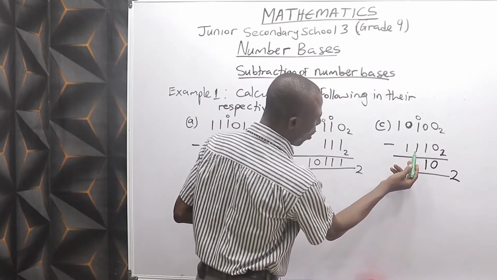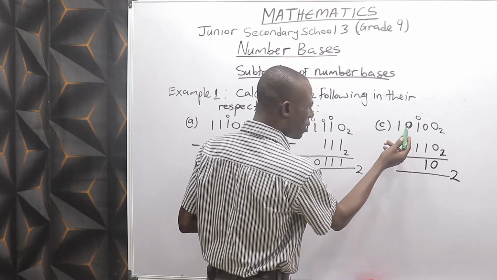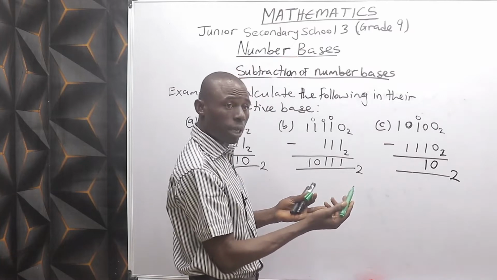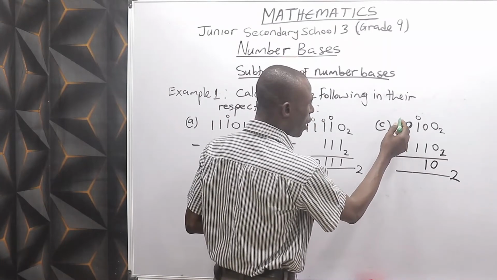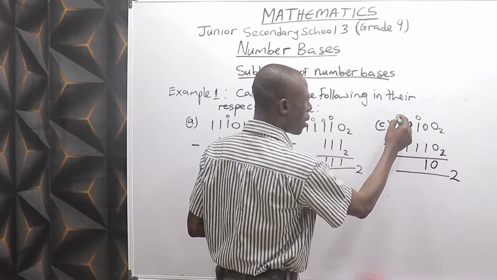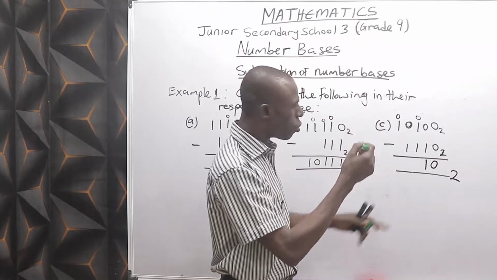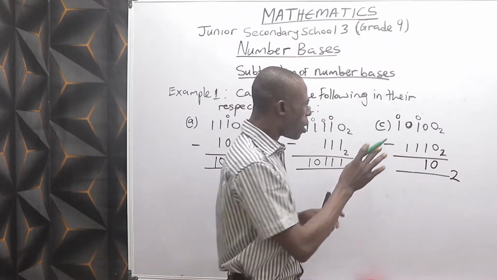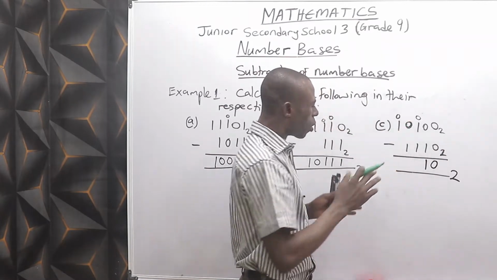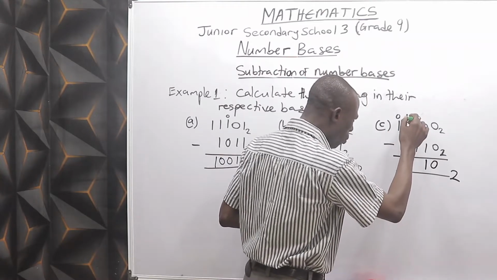Subtract this next 1 from 0. It's not possible. Then the close by digit here is also 0. So go far away to borrow 1. Borrow 1 from this one, it remains 0. The one we borrow, as soon as you pick it up, turns to your base, which is 2. Add the 2 to this 0, it becomes 2. Borrow 1 from the 2, it remains 1.